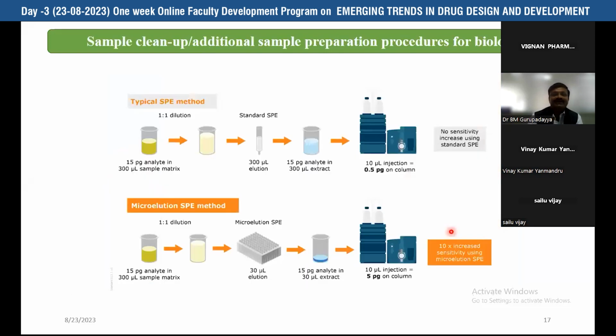Then there are some more methods available here, especially for the quantification or for the identification of samples in the biological fluid, maybe an SPE method, as I told in the previous one. When the sample is of low molecular weight, if it is below 1000 molecular weight, it can be handled by using the LLE method, or maybe the SPE method, or by using a protein precipitation technique, or by using a micro extraction technique.